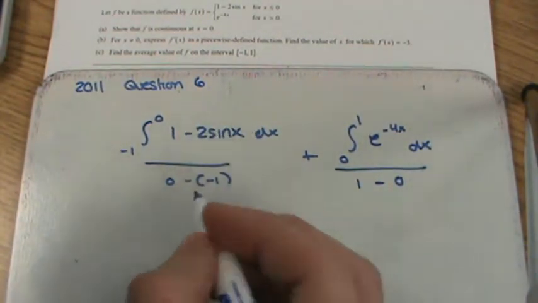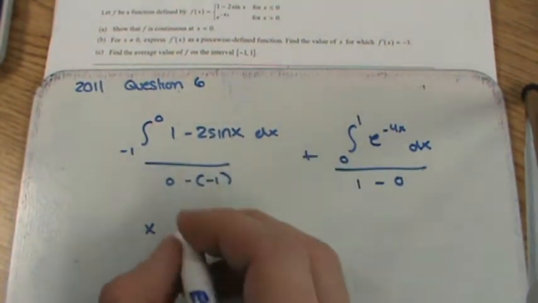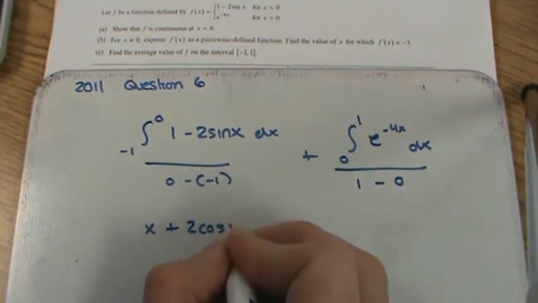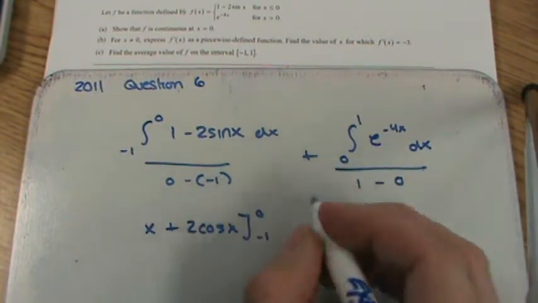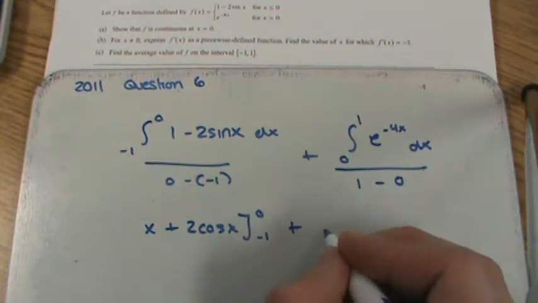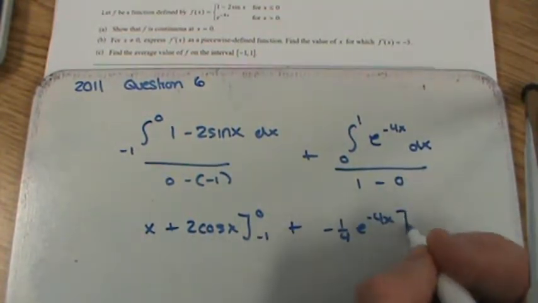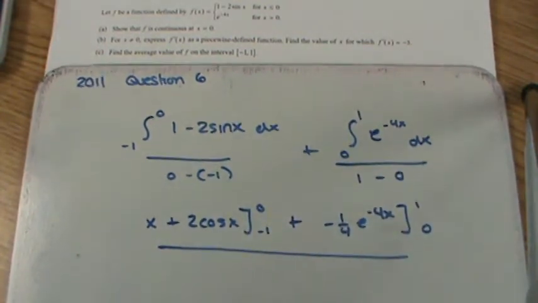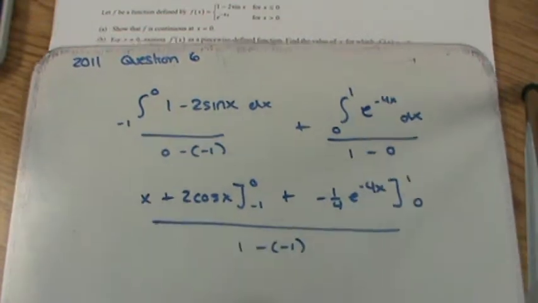So here, if we do the antiderivative of that, that's going to give us x. Antiderivative of -2 sine of x is positive 2 cosine of x from -1 to 0. Plus, I'm actually going to do these up here together. This would be -1/4 e to the -4x. That's a u substitution problem, from 0 to 1. You know what? I'm going to combine these two intervals to give us 1 minus -1 here.